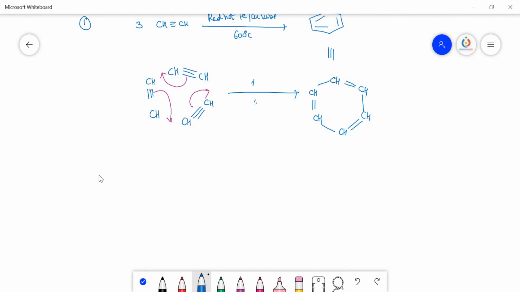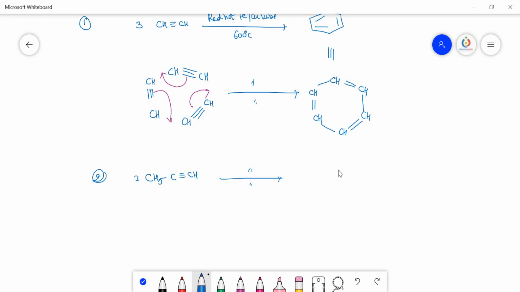So instead of acetylene, if you use propyne, CH3C triple bond CH, 3 molecules of propyne and the same red hot iron or copper tube. So here an extra CH3 is there, no? That extra CH3, you remove one hydrogen here, put CH3 here, and similarly remove one hydrogen here, put CH3, and remove one hydrogen here, put CH3. So the CH3 part is placed over the carbons alternative to this triple bonded carbon.